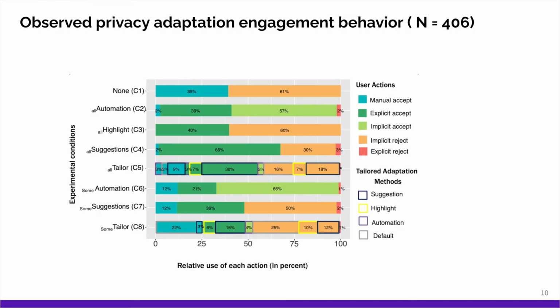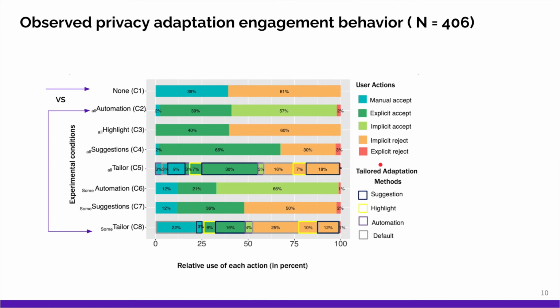Now, what we observed was that when we compared the baseline conditions against all the other conditions in terms of the engagement that we saw, within these particular experimental conditions, participants had 5 actions that they could take.